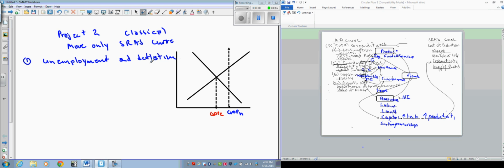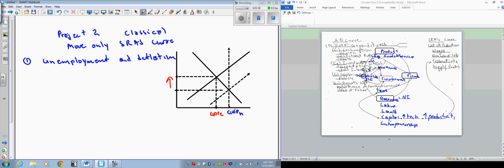Now, if you recall from our first project, we moved the AD curve to the right to solve this problem. But now in classical theory, they do not believe that the AD curve moves and gives you full employment. They believe that it's the SRAS curve that moves. Now, in order to get the full employment through movement of the SRAS curve, you would have to go like this, and notice that your price levels are going to go down.